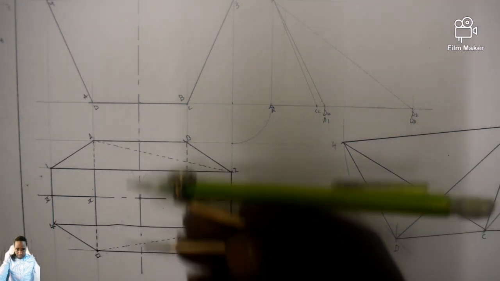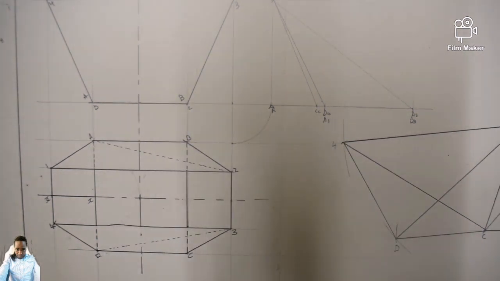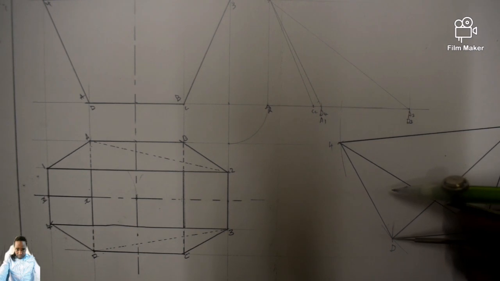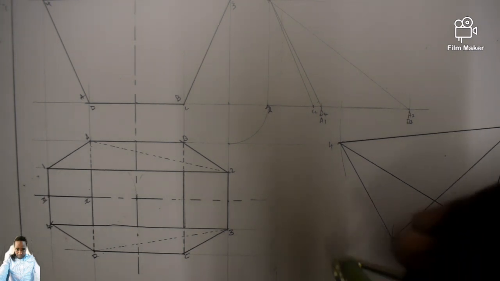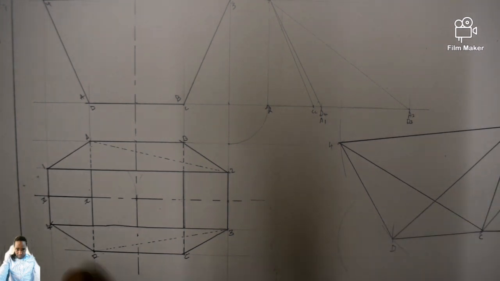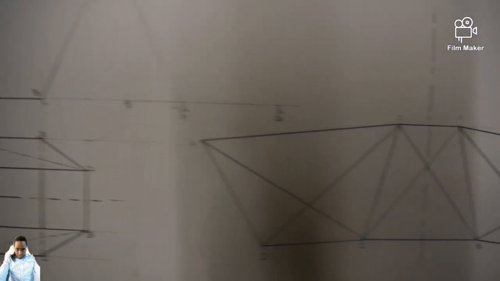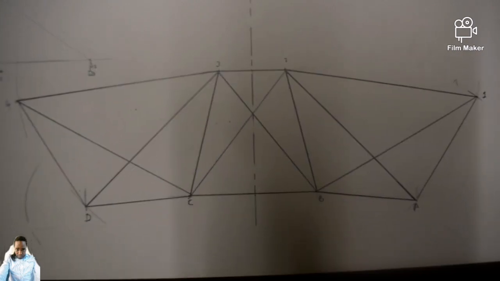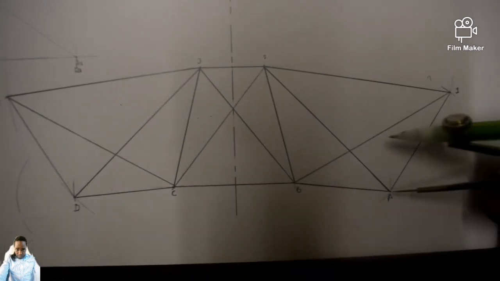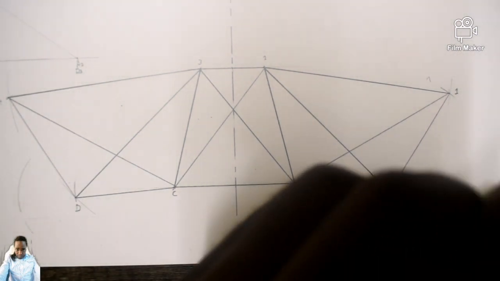Then you know that the distance of A to X is the same as D to X. Understand? So which means I can place it here and strike an arc here. Let me erase this one so that it doesn't interfere with my development. D, strike an arc even there by your A. Also do the same thing, place it at my A, then I strike an arc like this.